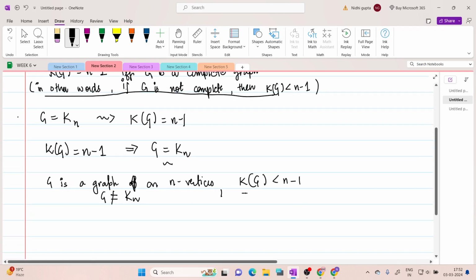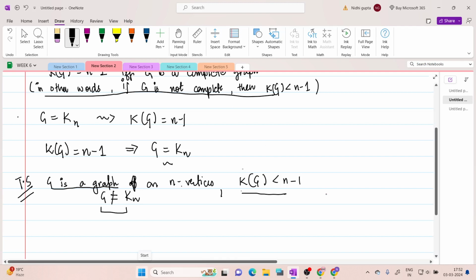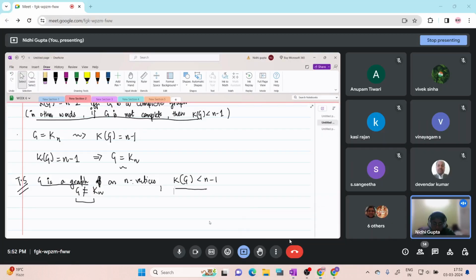So why do you think this is true? So we have to show this. The question is that G is a graph on n vertices and G is not a complete graph. Then vertex connectivity should be strictly less than n minus 1. So why do you think it is true?